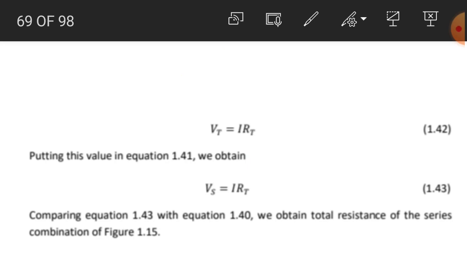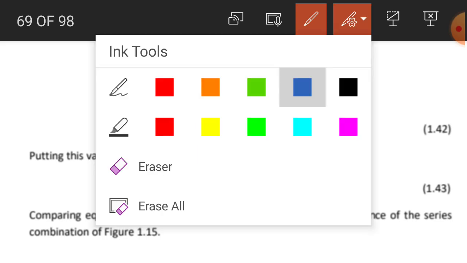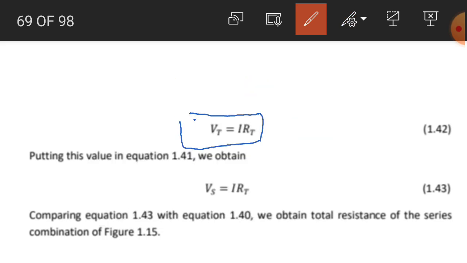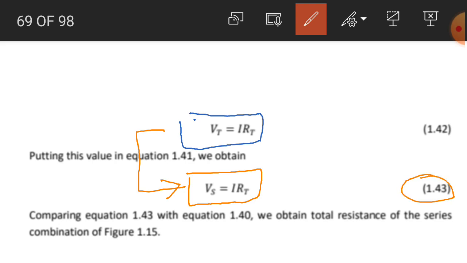We know that the voltage drop across the single resistor in the second circuit will be equal to IRT. As Vs is equal to Vt, we can replace Vt in equation number 43 by Vs. Now we compare equation number 43 with our equation number 2.